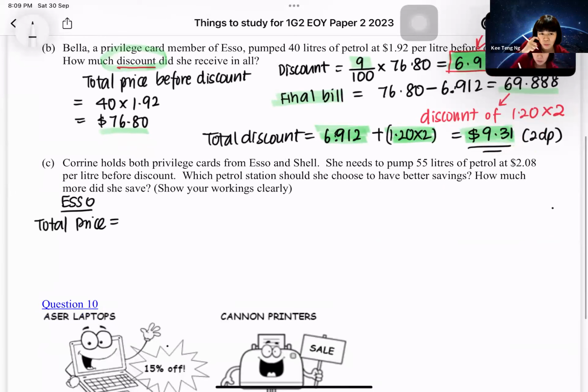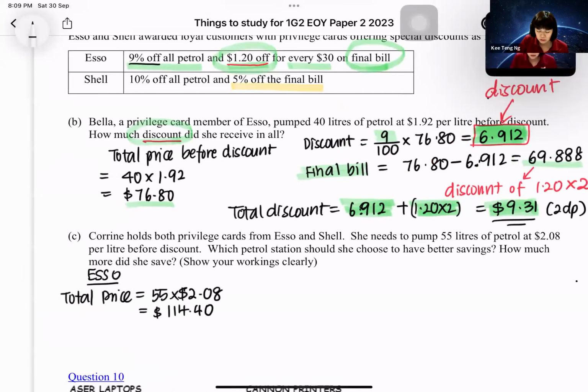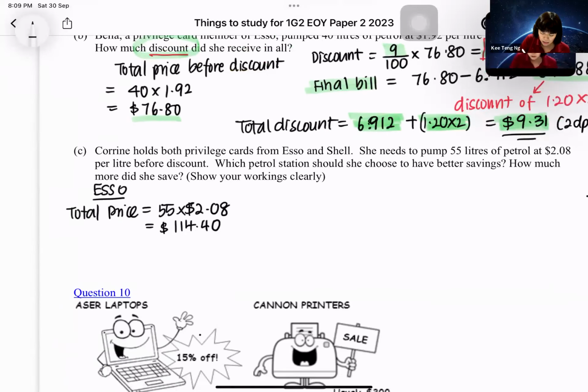Very long. Yes, problematic. I need to do many workings. Okay, total price, 55 liters at $2.08 before the discount. 55 by 2.08. Oh, she buys a different kind of petrol, more expensive. 114.40. Then under SO is still 9%.